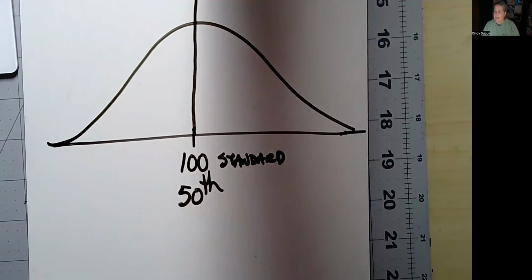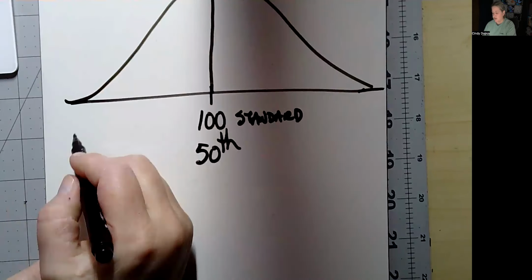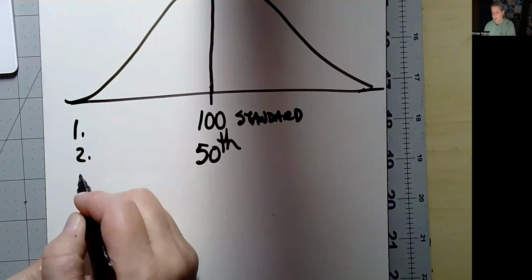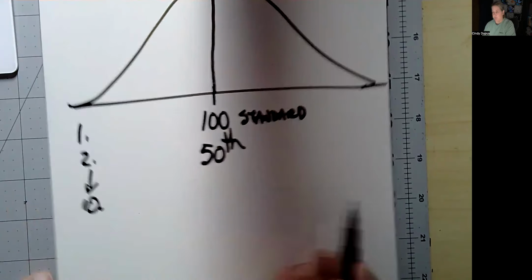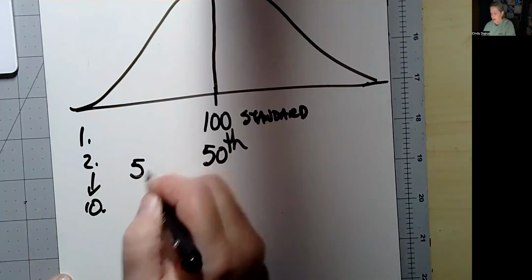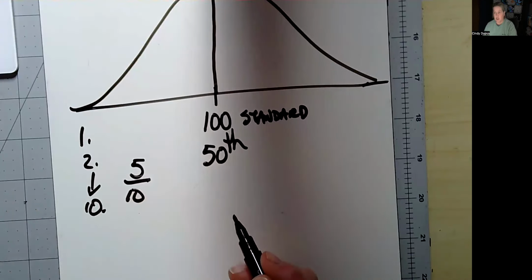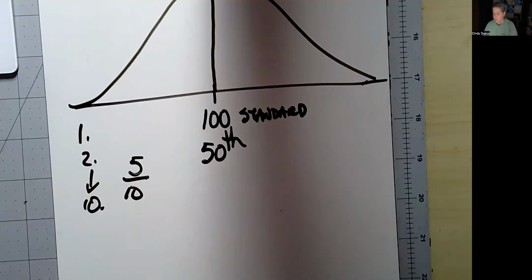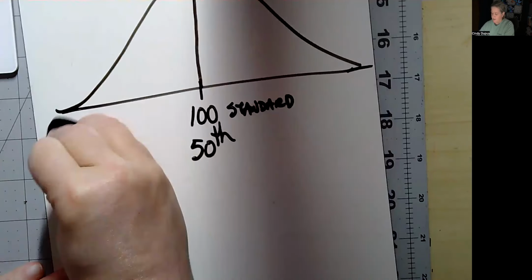Now, being at the 50th percentile is different than scoring 50% on a test. If you score 50% on a test, let's say you had questions 1 through 10, that would mean that you only answered 5 of the 10 questions correctly. When you sit at the 50th percentile, it is very different.